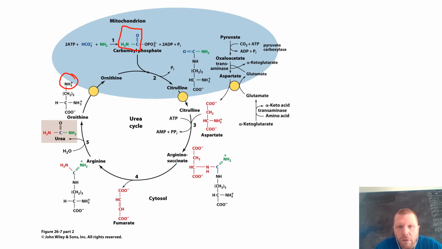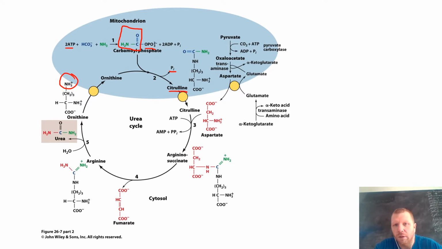In order to do that, we release our other inorganic phosphate, because remember, we used 2 ATP to make carbamoyl phosphate. One resulted in the release of inorganic phosphate, and the phosphate group from the other was transferred on to make carbamoyl phosphate. So we're able to produce this molecule, citrulline. That's what ornithine transcarbamylase does.